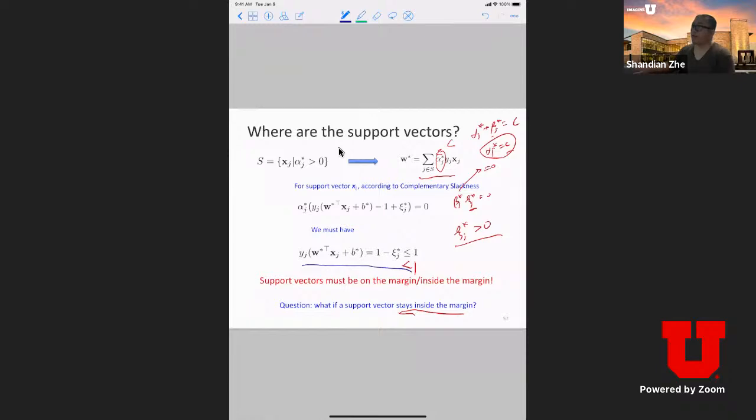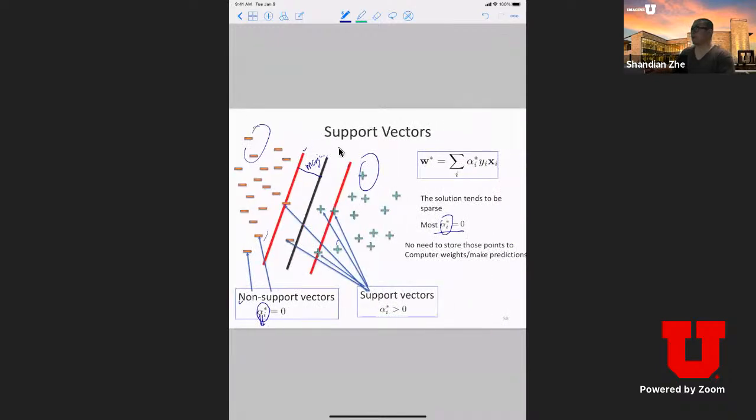We know for any support vector whose alpha_j star is strictly positive, we must have this equality hold, which means that your function margin must be less than or equal to 1. Any other question?